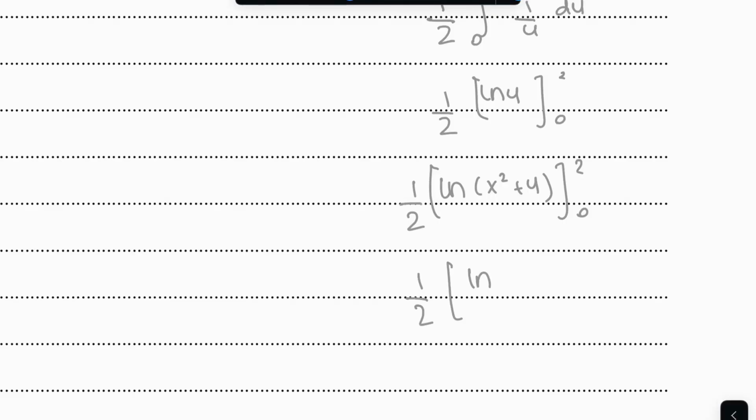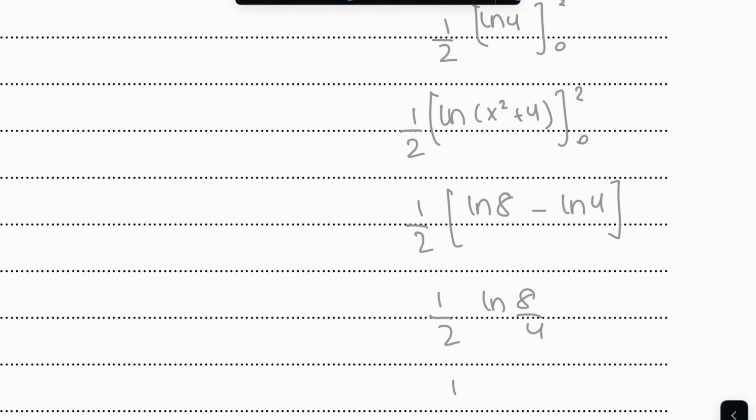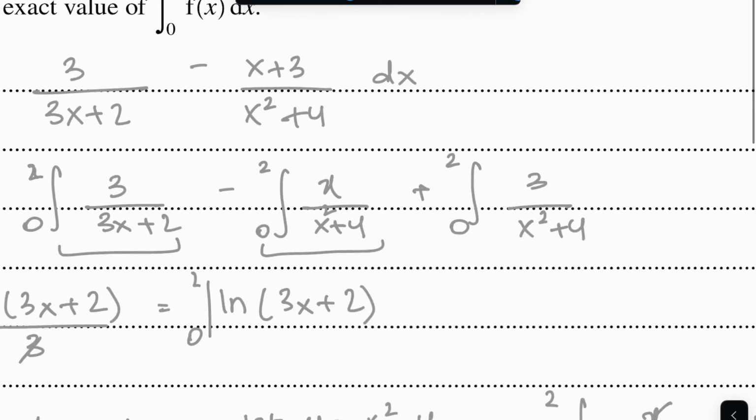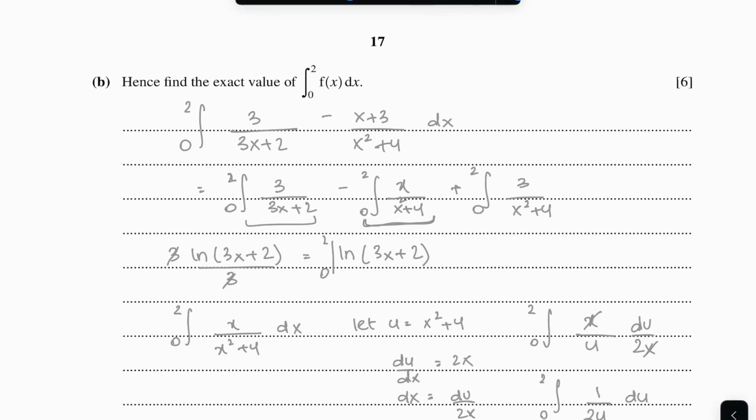We will have ln of 2 squared plus 4, which is 8, and ln of 0 plus 4 is just ln 4, and so we have ln 8 over 4, because whenever you subtract logs, you have to divide, and we will get half ln 2. So that is what we found for this section right here.